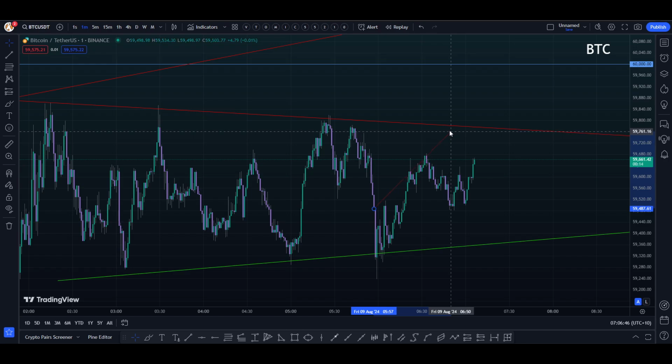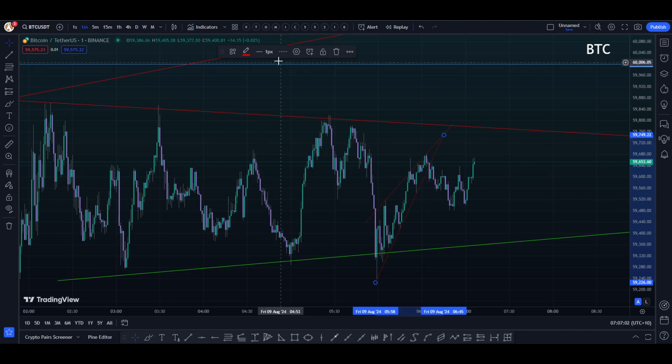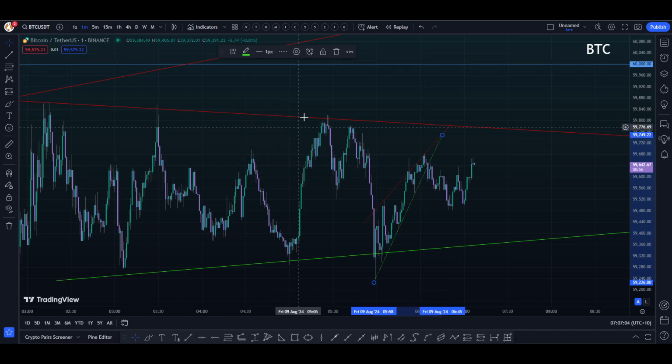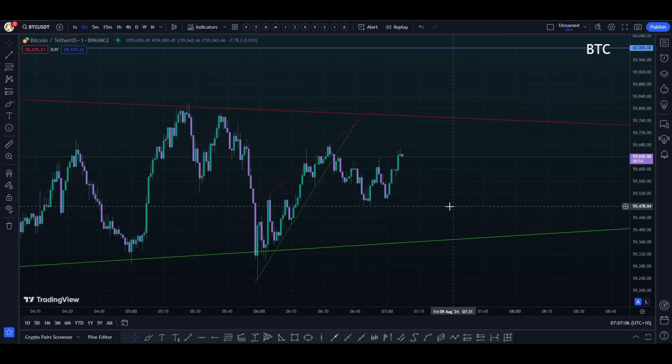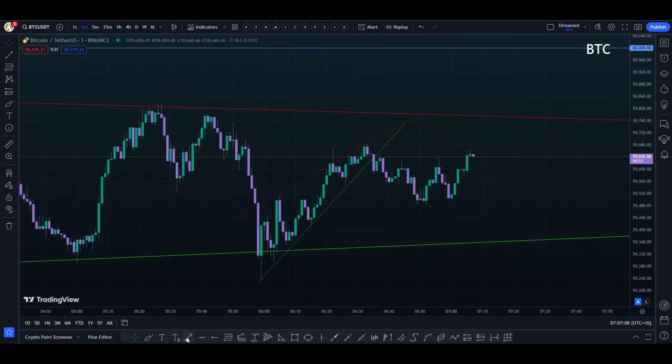This one's a little bit messy, but I'd have to chop that wick off to make it make sense with the majority, basically. You're just trying to get majority touches on the line. And then obviously there was a support line. That was a very sharp wedge coming up. Something like that. And then you also had support over here, which never actually broke.